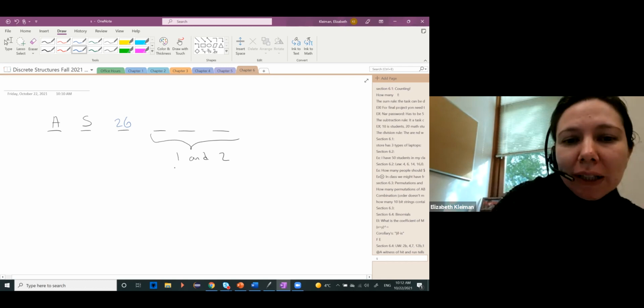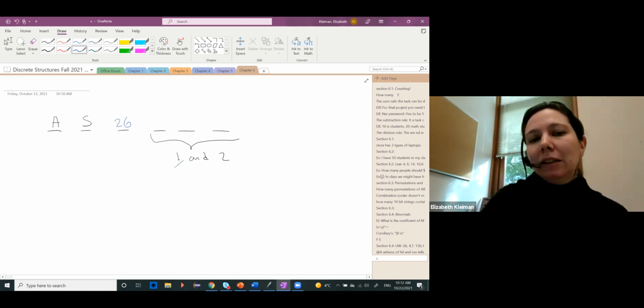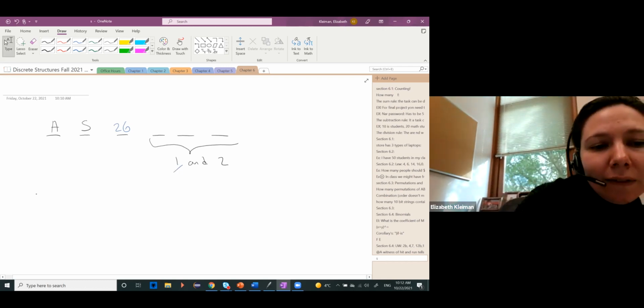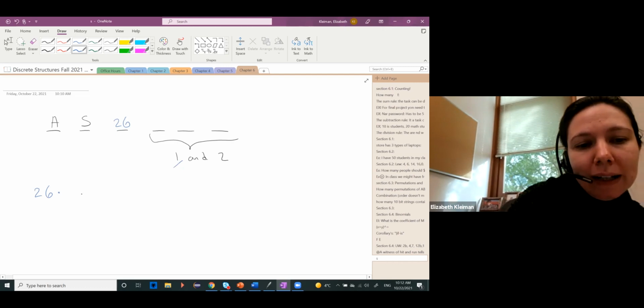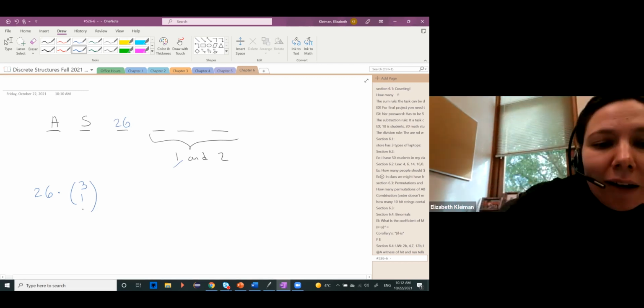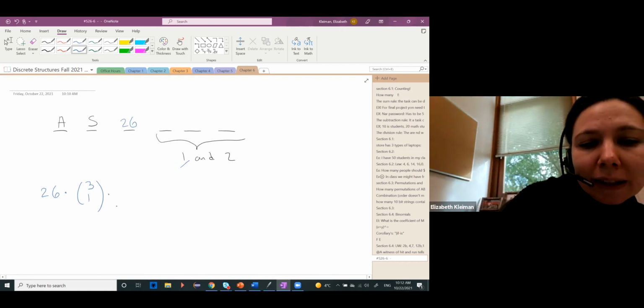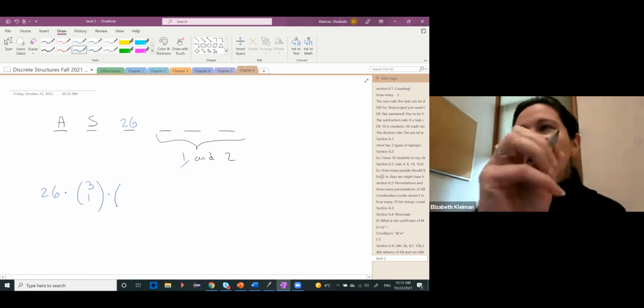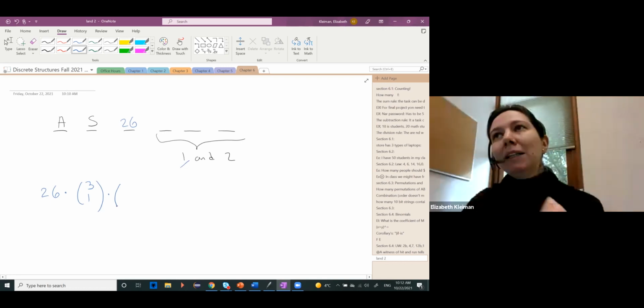Because I need to place 1 someplace, agreed? So I have 26 multiply. In how many ways can I pick a space for 1? And then in how many ways can I pick a space for 2? So after I place 1, how many spaces do I have left?